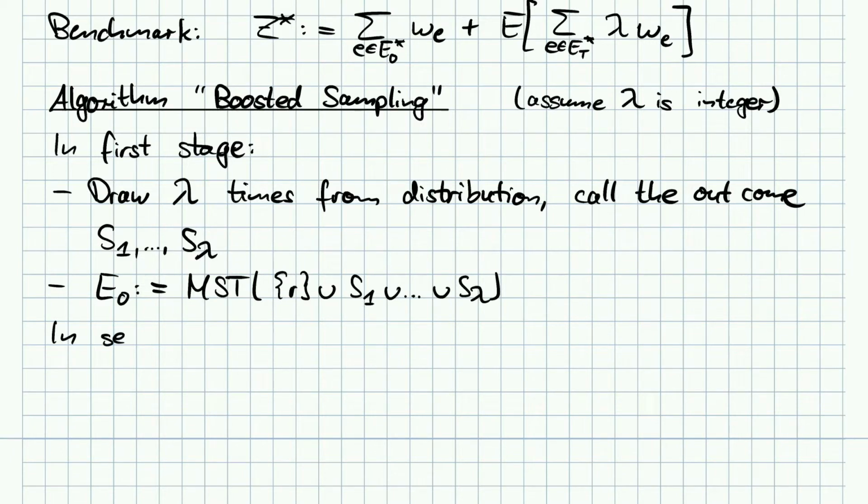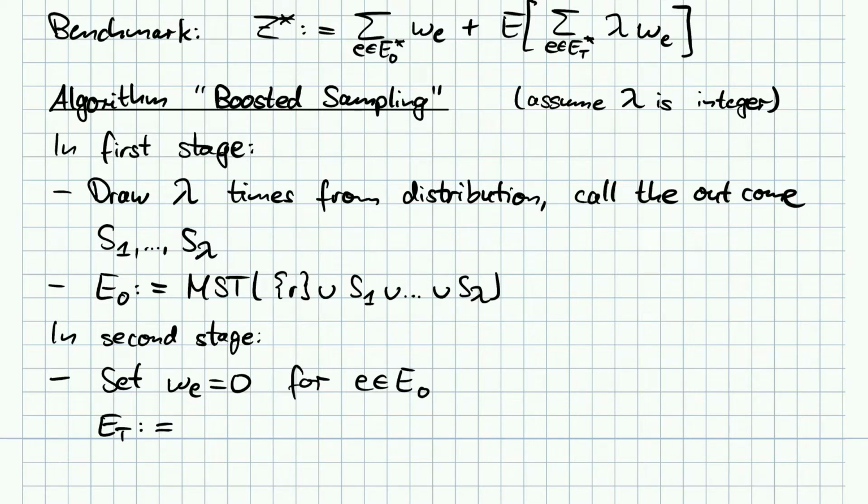In the second stage, we'll set the weight of edges to 0 for all edges which we have already chosen in the first stage. Then we'll set ET to a minimum spanning tree on the actual terminals, but of course we don't have to choose the edges which we took already in the first stage.